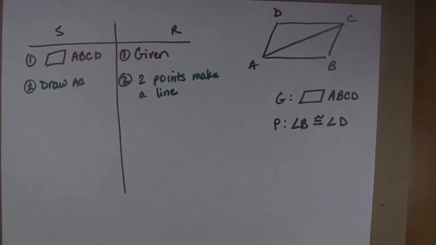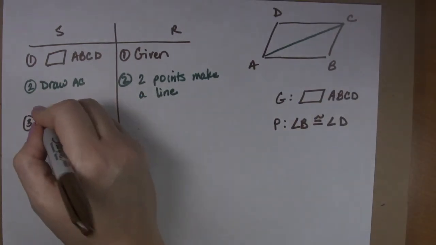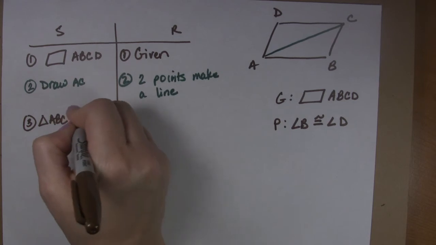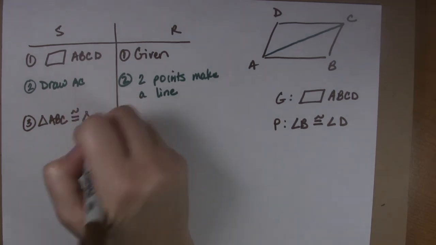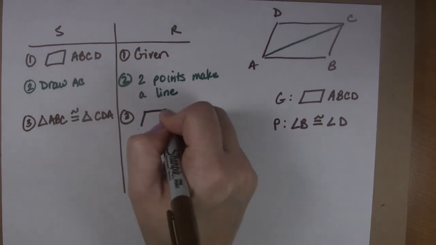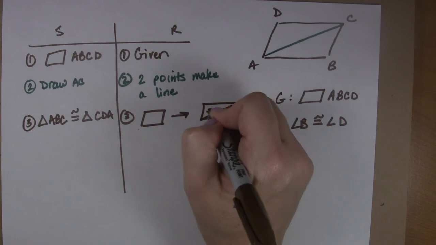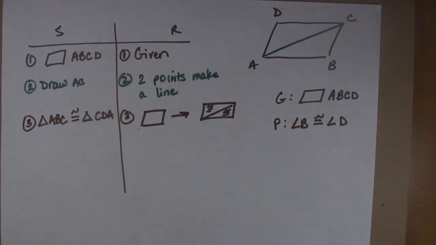Okay, and then I'm going to be able to say that triangle ABC is congruent to triangle CDA, and I can say that because of this lovely thing that I already proved, right?